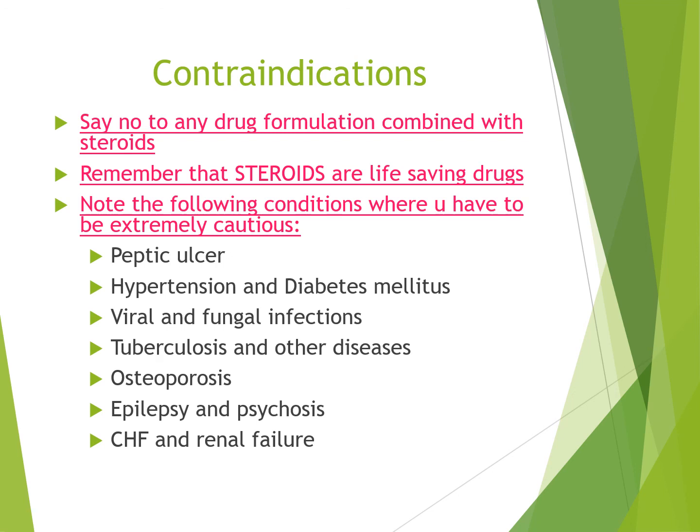You have to be cautious in hypertension and diabetes mellitus. You know that nowadays, during COVID disease, glucocorticoids are used very, very often in very severe situations, and the patients are often patients with diabetes mellitus, and usually they are suffering not only from diabetes mellitus but also from hypertension.